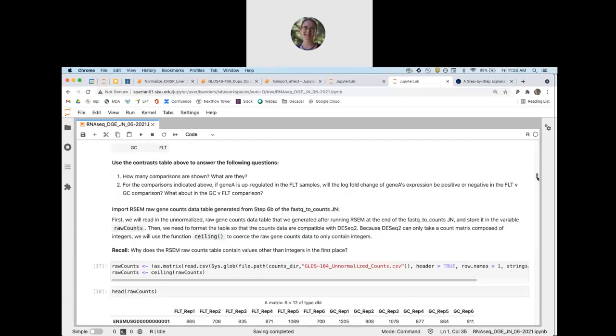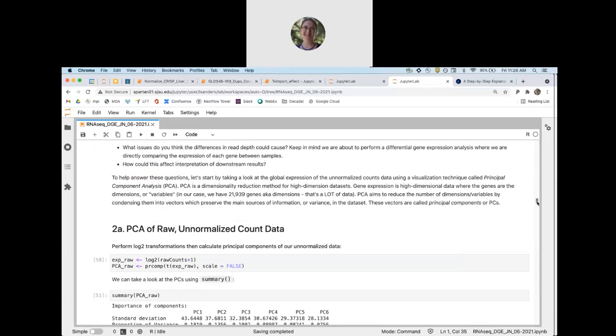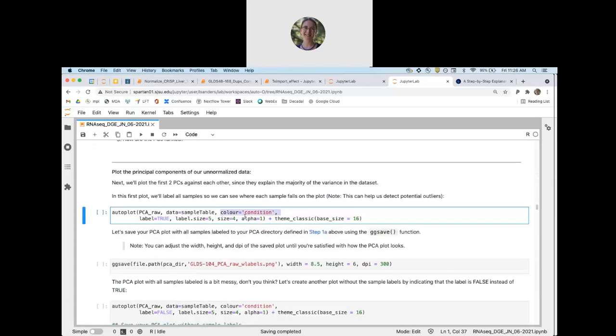We're going to color the plot by condition, which is the column name in sample table that shows flight and ground control. In this plot, we're going to label all the samples so we can see where each sample falls in the plot.